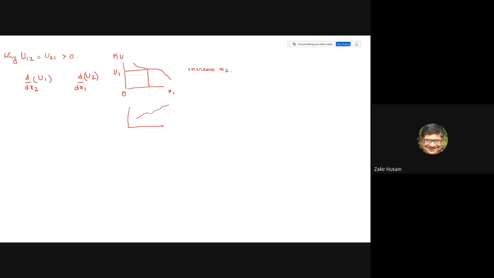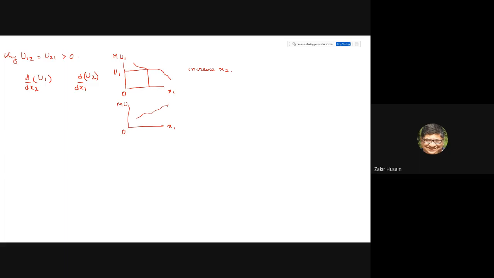So let food be x2. So they give you more meals, the quality of the meals is better. In that case, if you're using this type of diagram, you don't have x1 on the axis. So what will be the change?